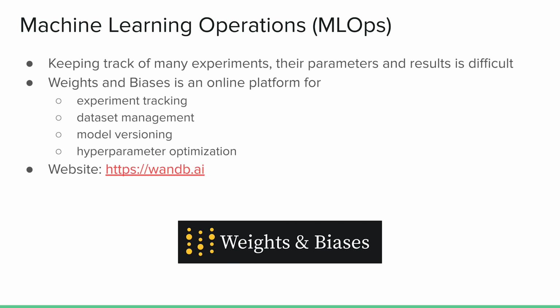Because keeping track of experiments, hyperparameters and results in Excel spreadsheets or similar tools can be very, very hard, to still remember which things you used where, and to replicate this conveniently and track it to understand what has worked well. Weights and Biases is one tool that you can use for exactly this.